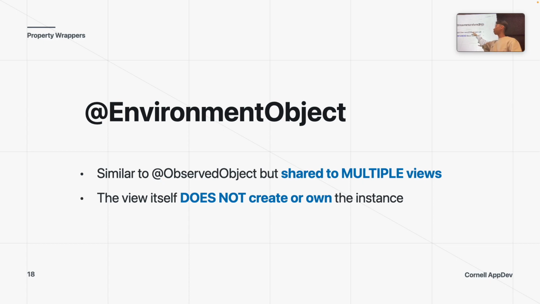So remember @ObservedObject, the view itself doesn't create or own it, it's getting it from some parent. But instead of using @ObservedObject to get it from one parent, well, I guess they're both still used from one parent, but you have to pass in that one source. Whereas with @EnvironmentObject, you get it as soon as the app launches.